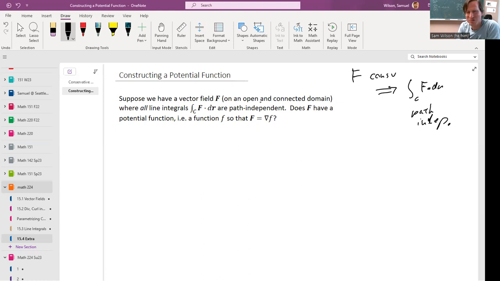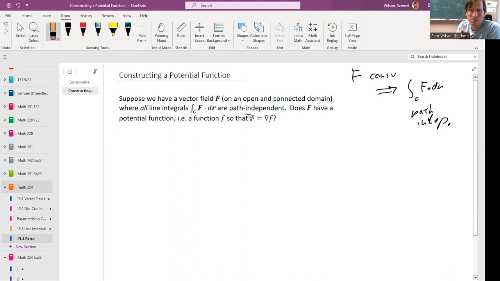And in this situation, assuming that we have a vector field with path-independent line integrals, writing down a formula for the potential function should seem like a tall order, because we don't actually know what F is.